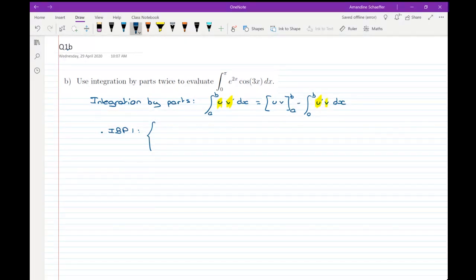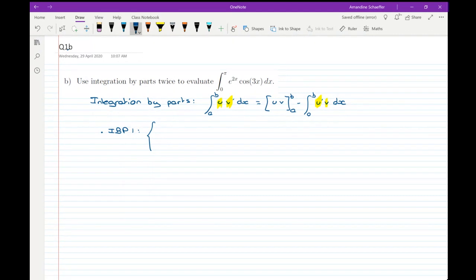Yes, ma'am. Just let me ask a question. When you said that you have to make each variable u and v, or u and v dash, how do you know which one to choose? Exactly. Well, u is going to be differentiated, because you end up with u dash, and v dash is going to be integrated. So it depends on the form of your integral.